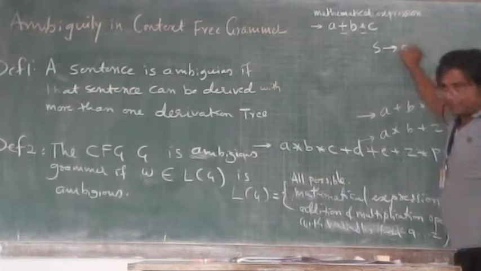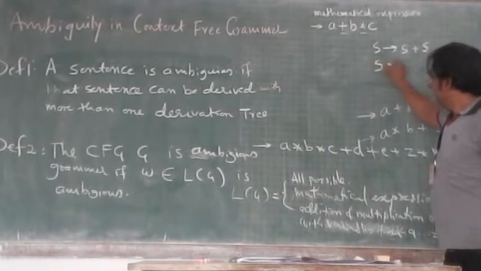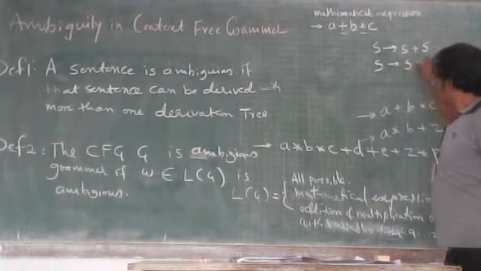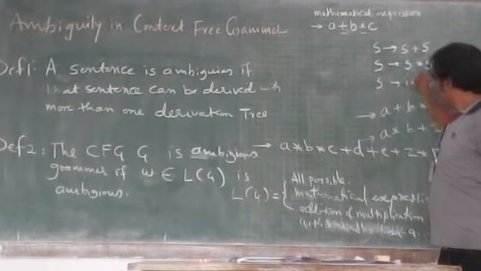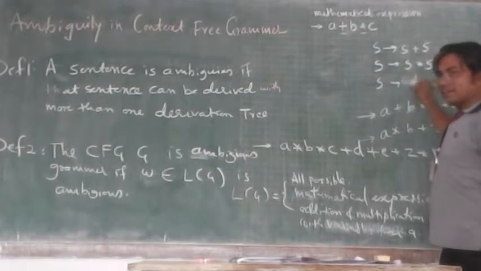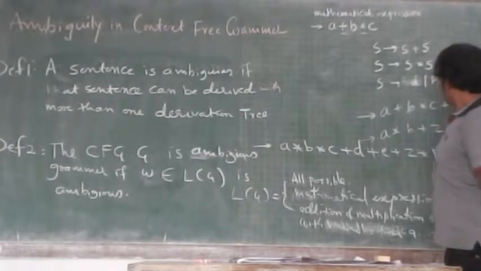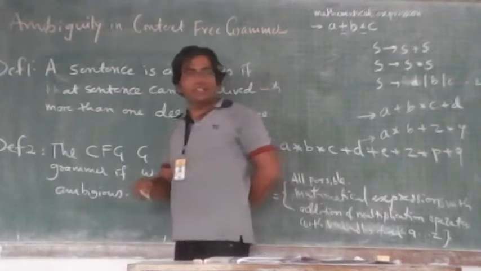S plus S? S implies S into S. S implies ID. Or S implies directly you can consider A or B or C up to Z. See how easy this is.